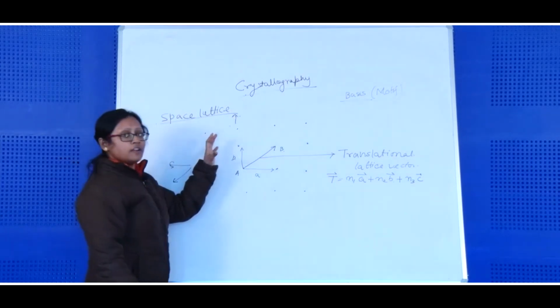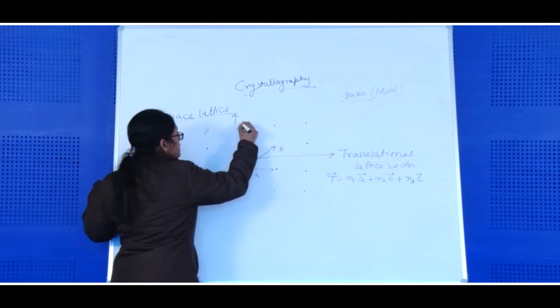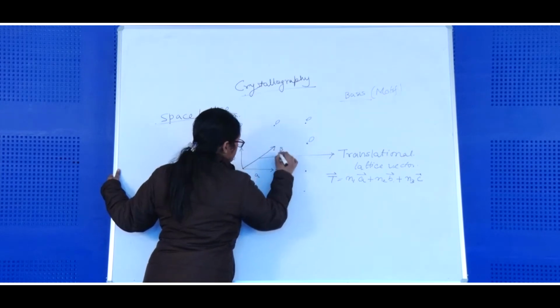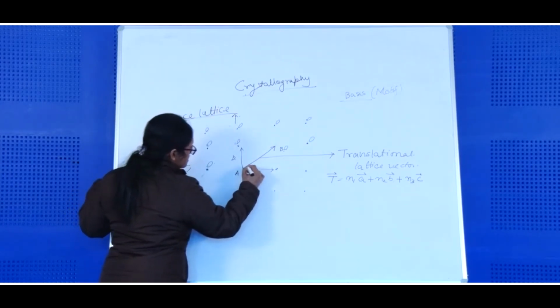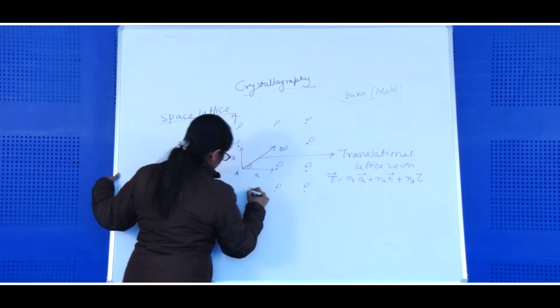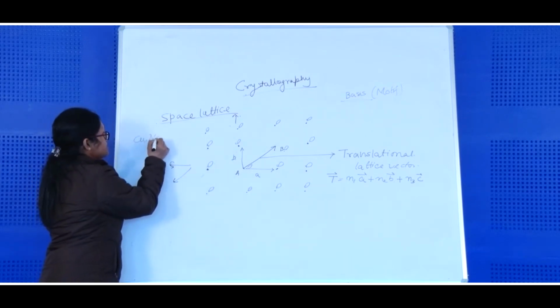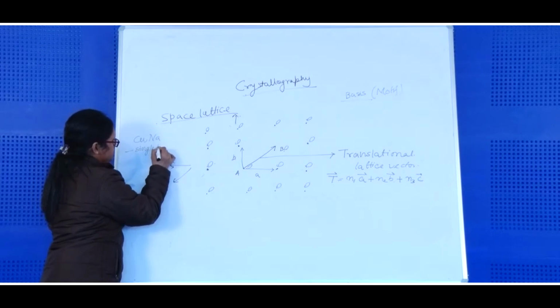So, depending on the structure of the crystal, there may be one atom at each lattice point. Then it is called a single basis atom, like copper, sodium.